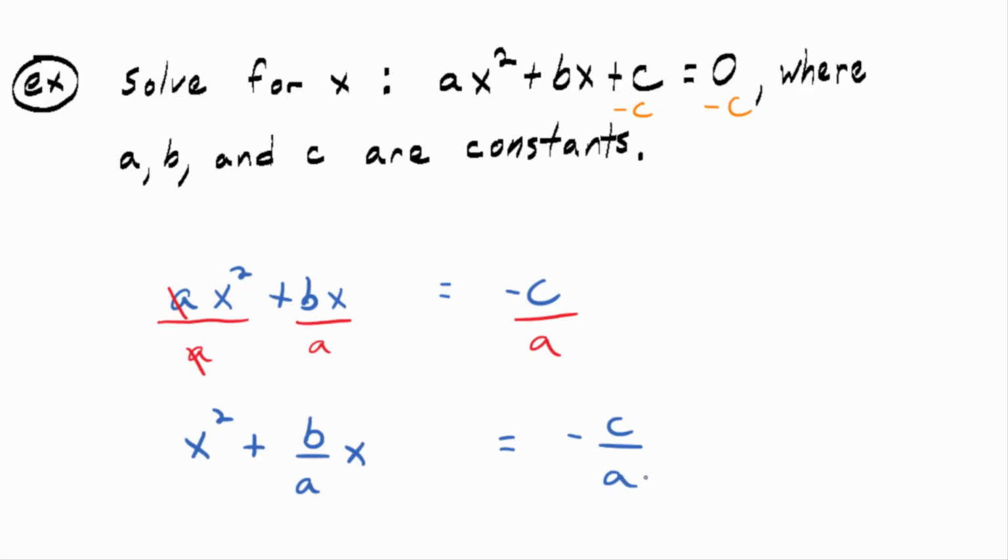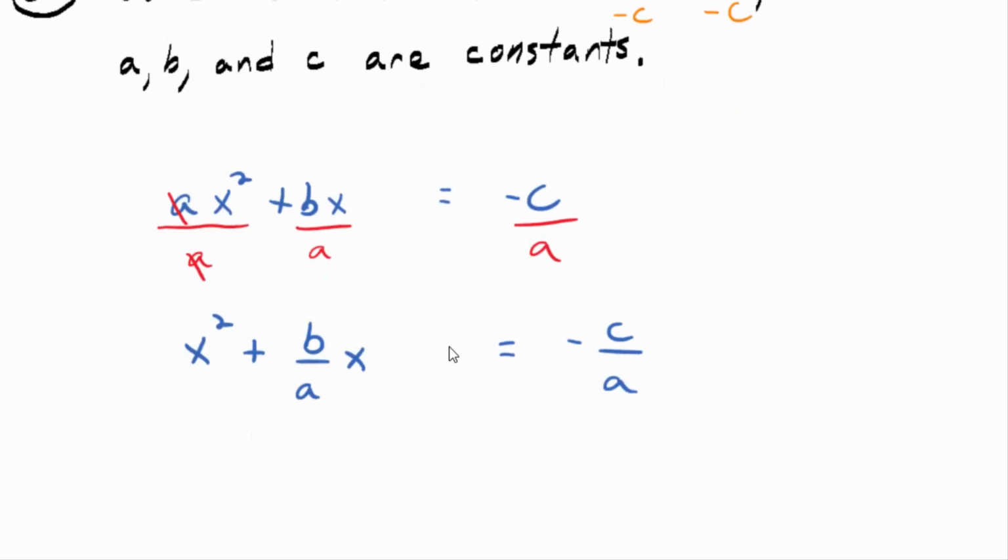The next step is where you complete the square on the left side. So remember what you do. You take 1/2 the coefficient of x. What's the coefficient of x? B over a. How do you take 1/2 of a number? You multiply it by 1/2.